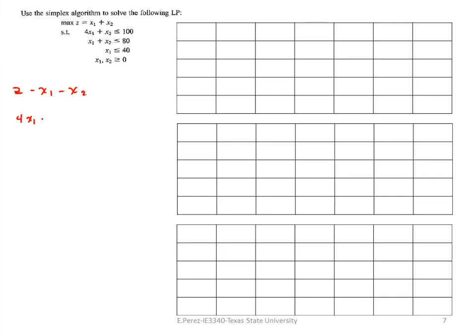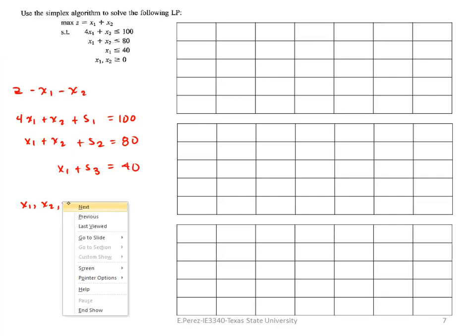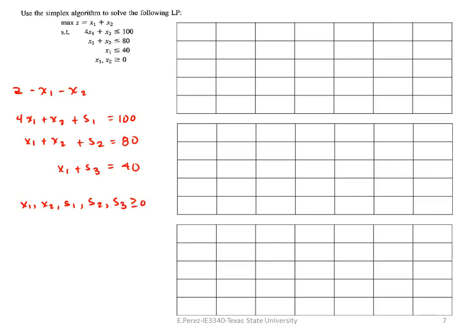So this is x1 plus x2 plus s1 equals 100. x1 plus x2 plus s2 equals 80. x1 plus s3 equals 40. And we have x1, x2, s1, s2, s3 greater or equal to 0.